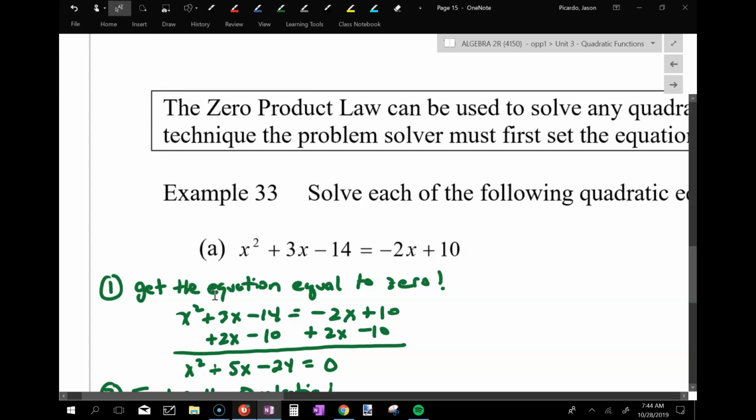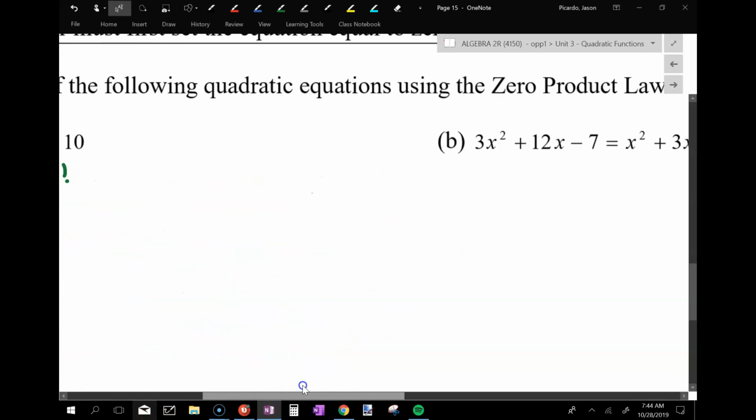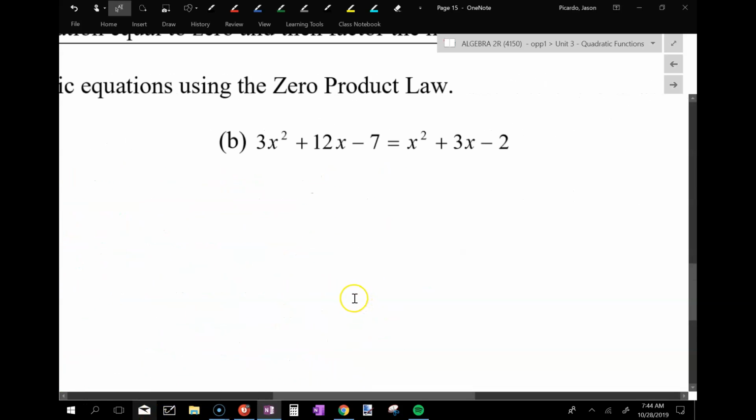All right. What do we got here? Well, it's just got more things to move around, right? So our first step was to get it equal to 0.